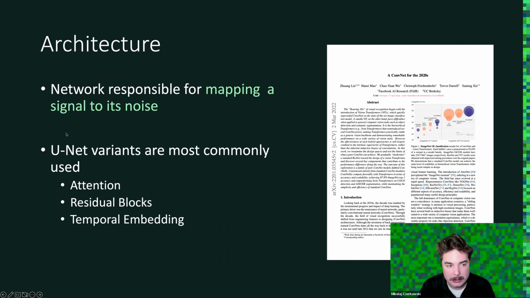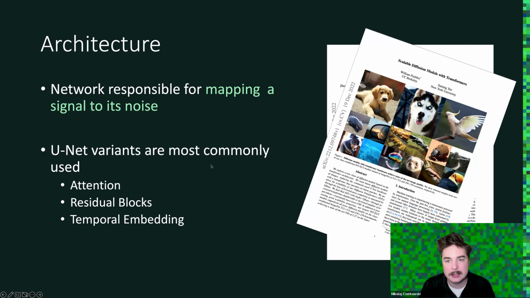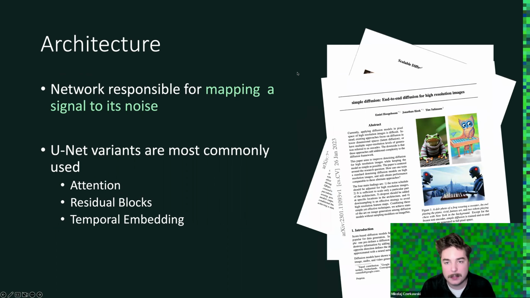But with these small changes, UNet is very commonly used and seems to give a good performance. There are other attempts where transformers are used, such as these two papers. One is basically using a transformer in the latent space. The other one is actually proposing a fully transformer-based alternative to UNet.